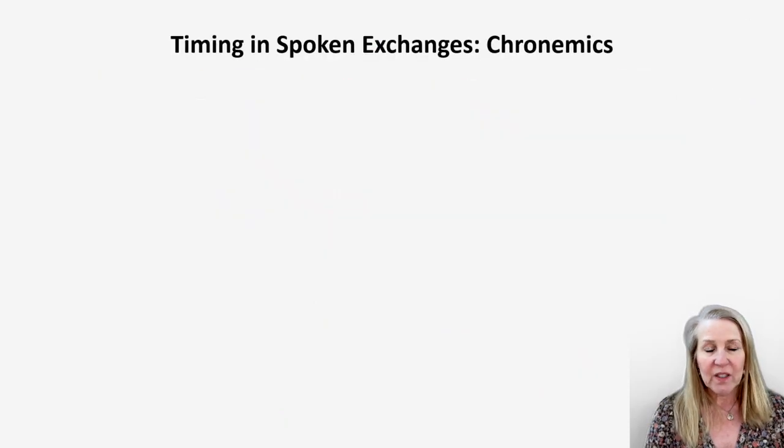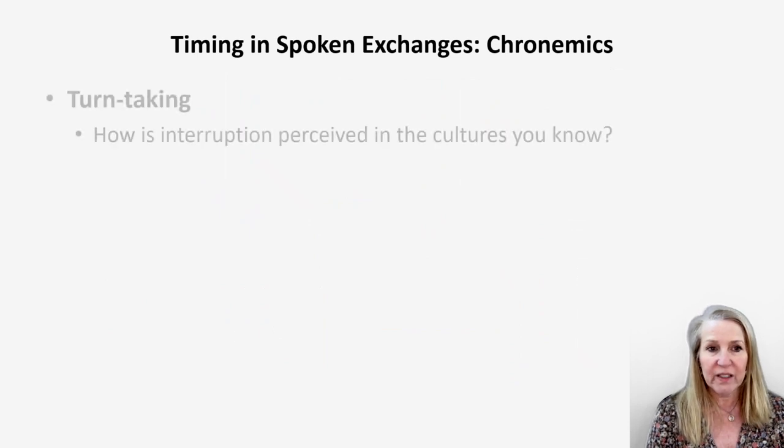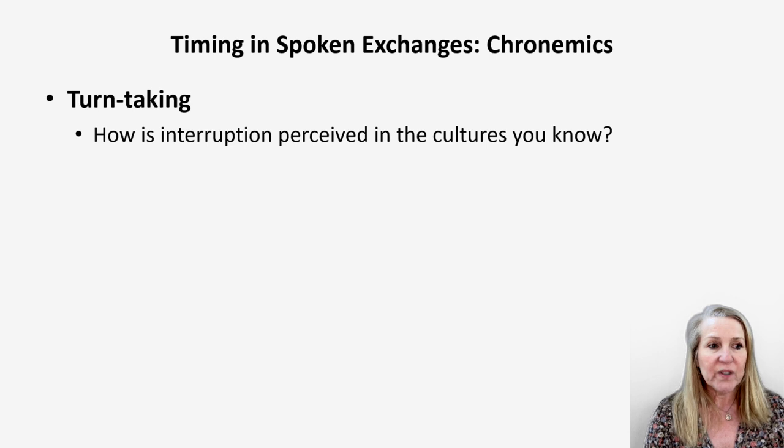A few words on timing in spoken exchanges. Something that chronemics studies as an important consideration in international meetings is how to take turns in turn taking. What's the role of interruption? In some cultures, interruption means a person's highly engaged in conversation, while in other cultures, interruption is very rude.